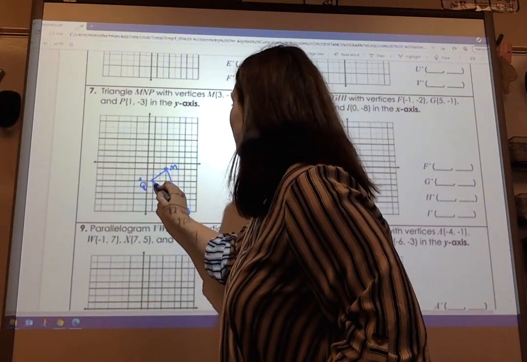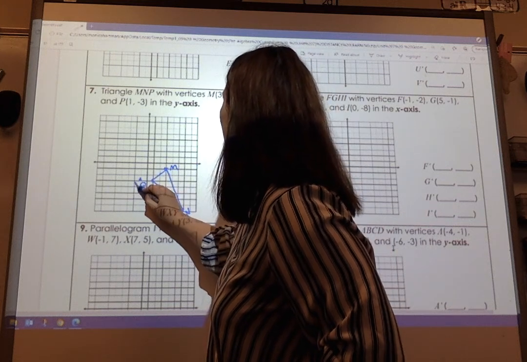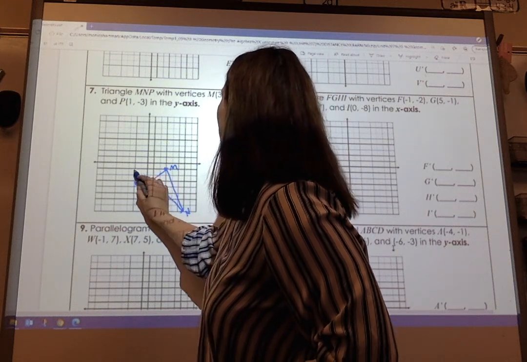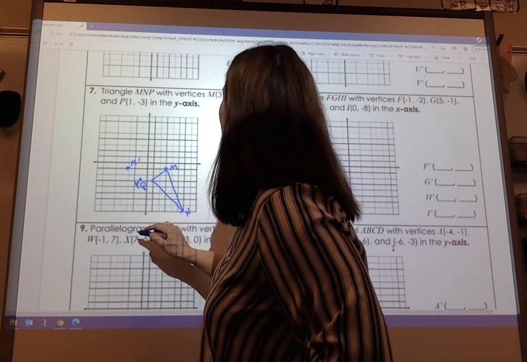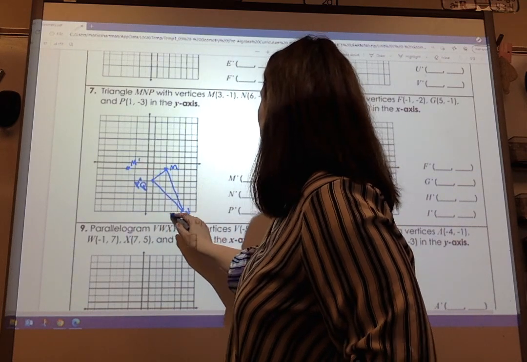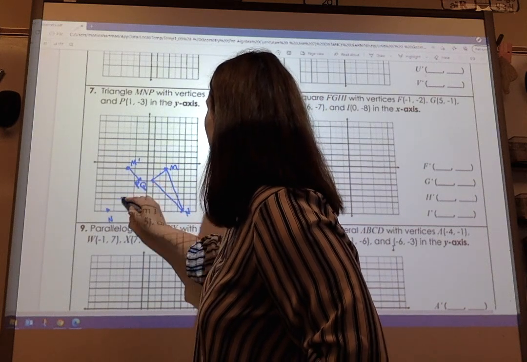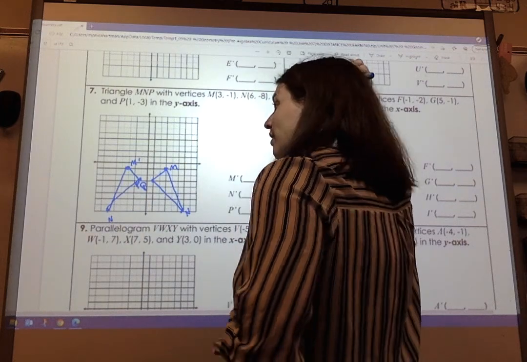So P, it's 1 unit here, it's 1 unit there. M is 3 units here, 3 units here. And my N value is going to be 6 units here, 6 units here. There's my reflection, so it looks good.